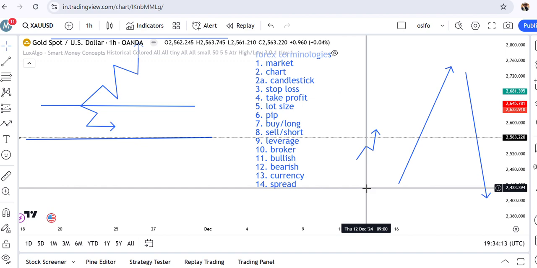So when you fund your account with your broker, you will select the amount of leverage you want to be using. That's the amount of loan you want to borrow from the broker and add to your money, so that when you place a trade, your trade will make more sense. So leverage is the loan that the broker gives to you, to be able to maximize your profit at the end of the day.